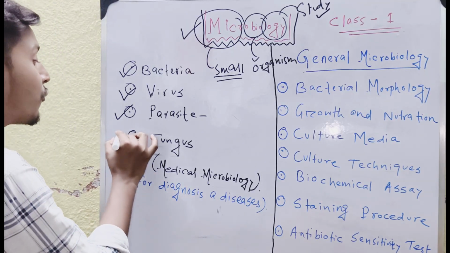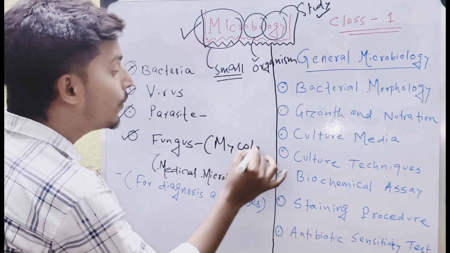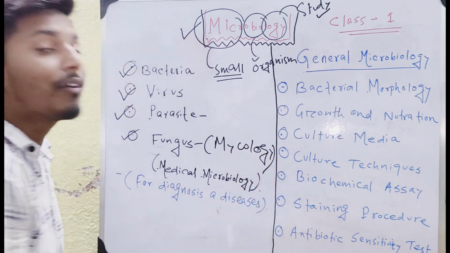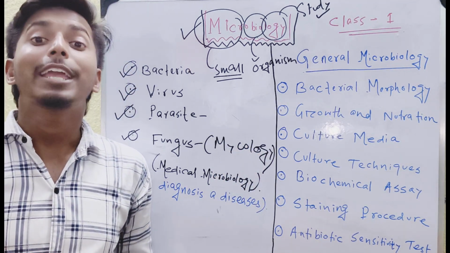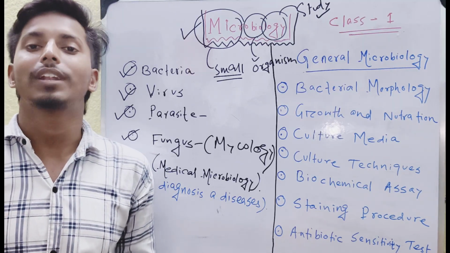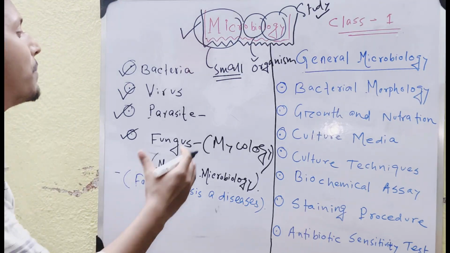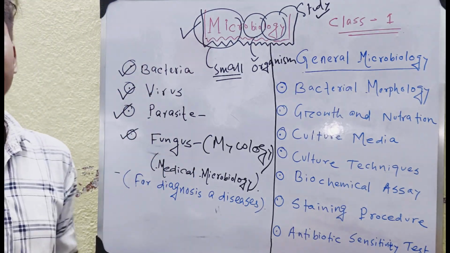And the last one is the fungus. Fungus means mycology. We discuss the fungus in our mycology chapter, as well as in our mycology section. That's all the basic things about microbiology.